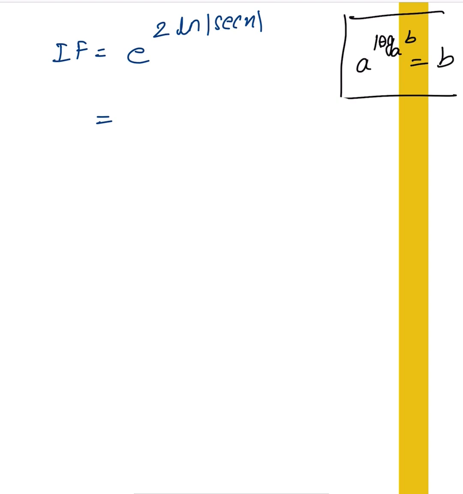How? You know that a log b can be written as log b to the power a. So this 2 will go on top and it will become e to the power ln mod sec x whole square, right? You can write it as whole square. Now sec x whole square is nothing but sec square x. Now look at this.